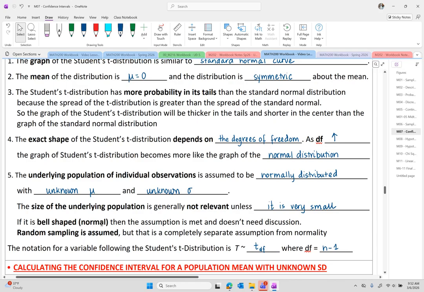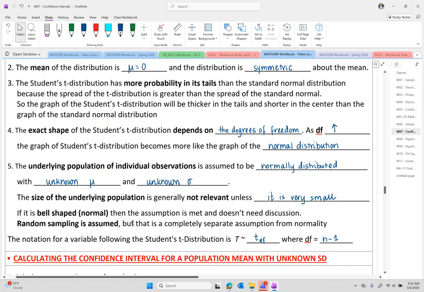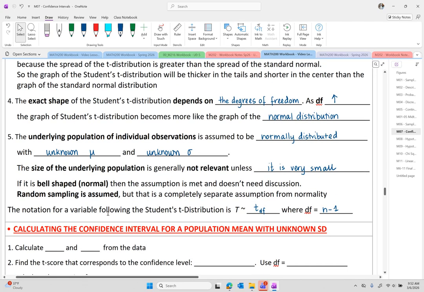The size of the underlying population is generally irrelevant unless it is very small. If it is a bell-shaped normal population, then the assumption is met and doesn't need discussion. Random sampling is assumed, but that is also a completely separate assumption from normality. And the notation for the variable following a student's t distribution will be the variable t, which is a t-score, will follow a distribution t with degrees of freedom df equal n minus 1.